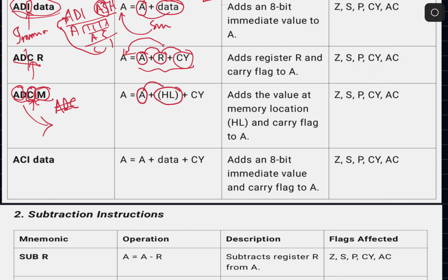And since there is a C in the mnemonic, we have to take care of the carry flag also. And the sum of all this will be stored in the accumulator.